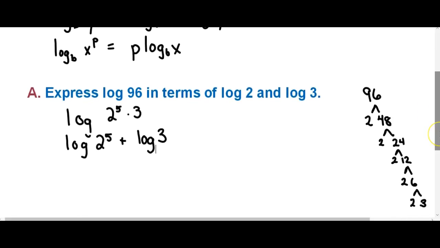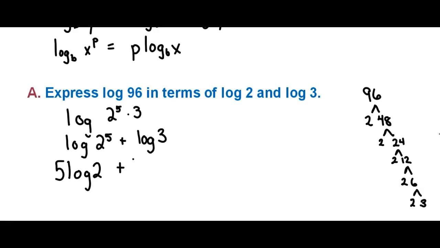We can make this 5 times the log of 2 plus log of 3. So I didn't mean to make that a base, but as you can see, we used our properties of logarithms to separate these logs and turn them into log 2 and log 3.